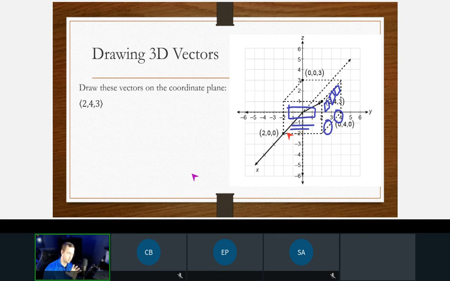So going to the right is positive, and going to the left is negative. And now what we're so used to seeing as the x-axis is now the z-axis. So going up and down is the z-axis.